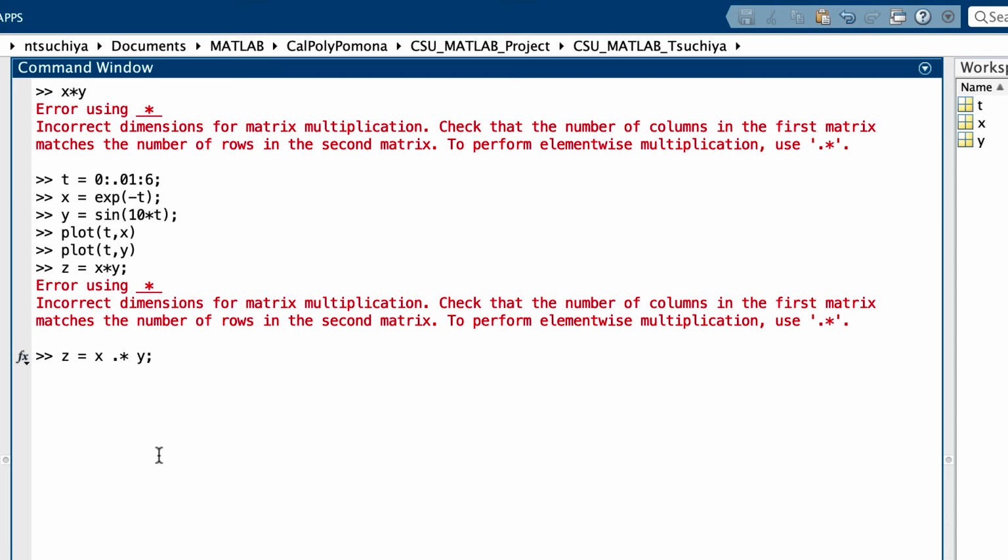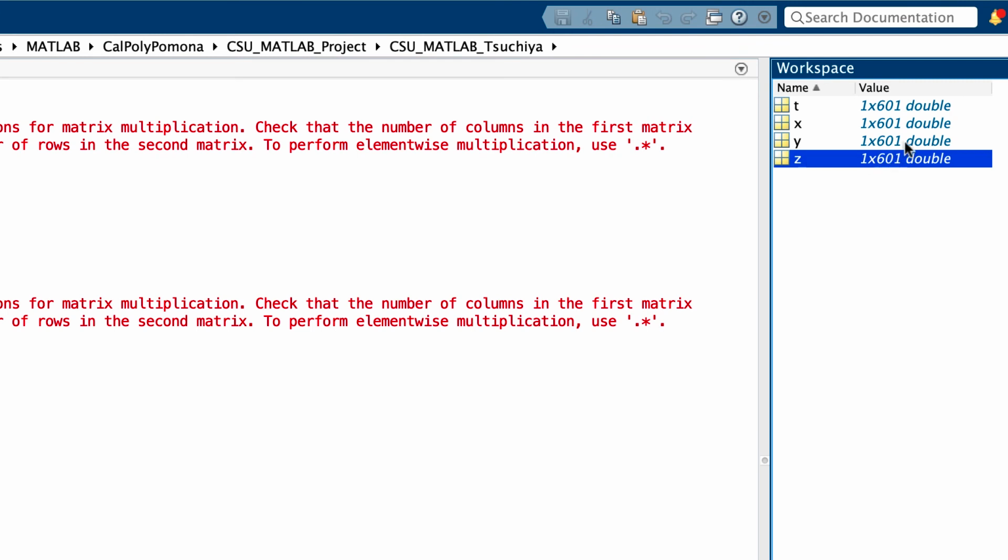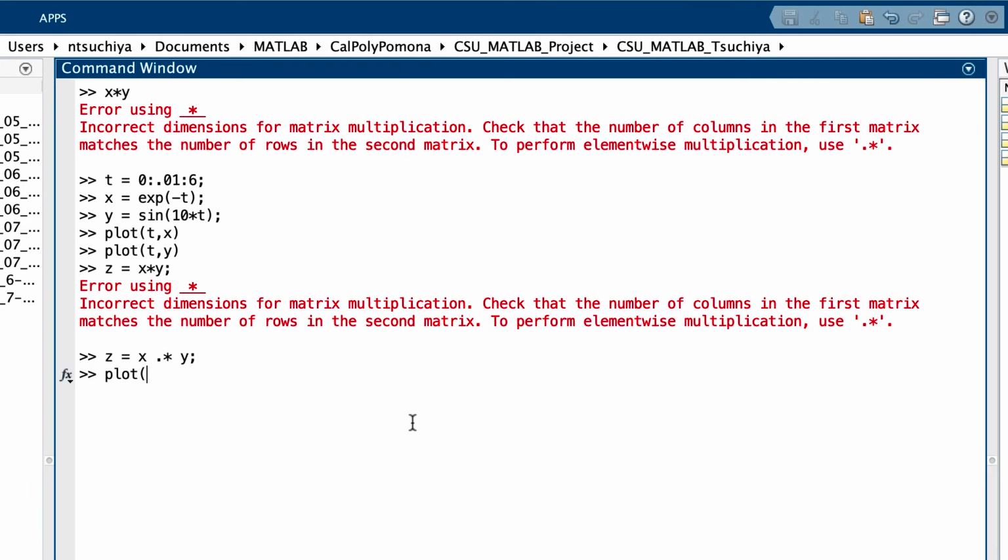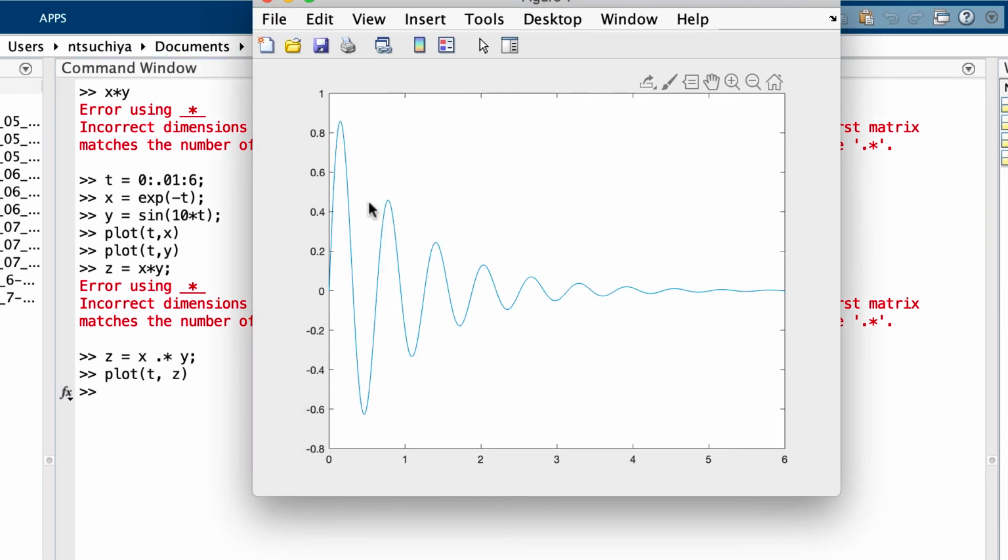When I do this, x dot times y, I get a third variable called z, which has the same dimensions as x and y. If I go ahead and plot t against z, where z is e to the minus t sine of 10t, I get the plot that I was expecting, which is a decaying exponential, x, times the sine of 10t, which is y.